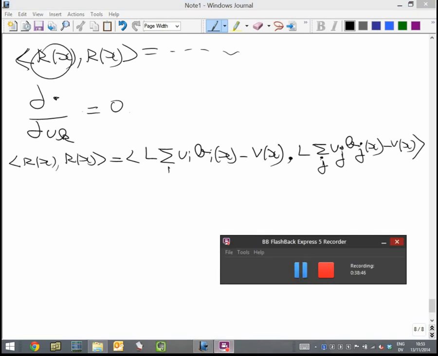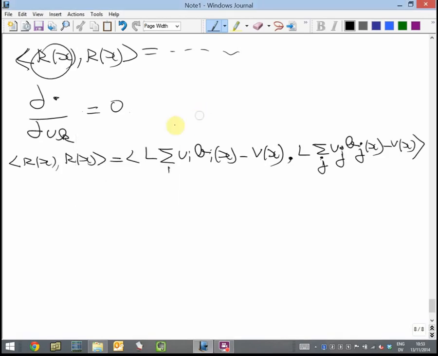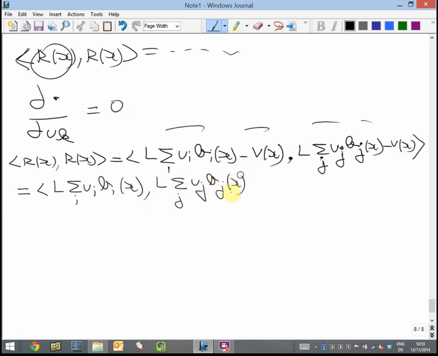So let's take this one step further so that we're all on the same page again. We have here in essence 2 terms times 2 terms, so 4 different terms. So we can write this as the sum over i of u_i b_i of x, scalar product with the sum over j of u_j b_j of x.